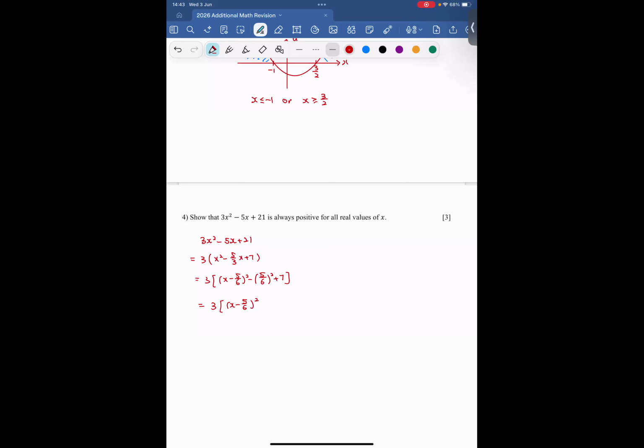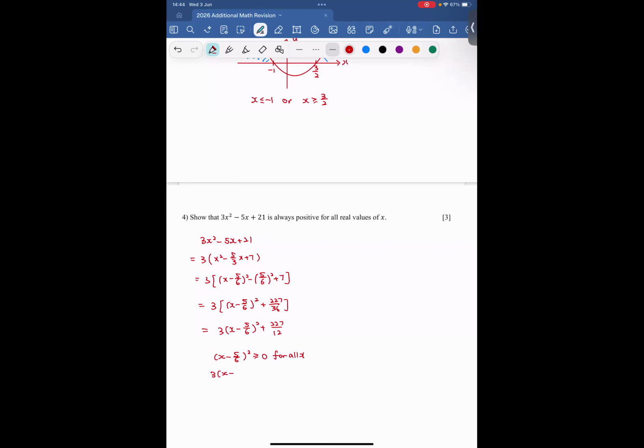Divide over 36. Okay, then you multiply by 3. So how do you show that it's always positive? First we say that this thing is definitely more than or equals to 0 for all x because it's a square.